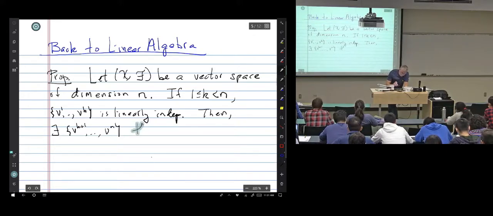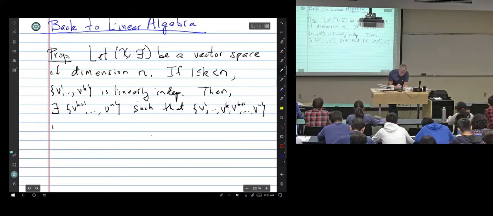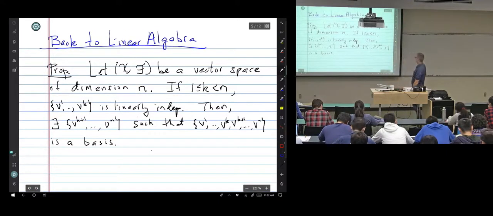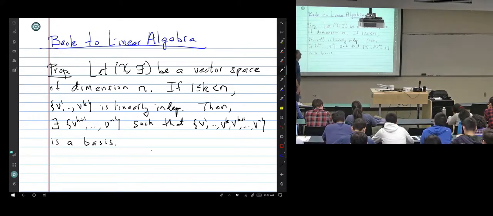Then there exist these vectors such that v1 to vk, vk plus 1 all the way to vn is a basis. That's really ugly. It's a beautiful thought expressed in ugly handwriting.